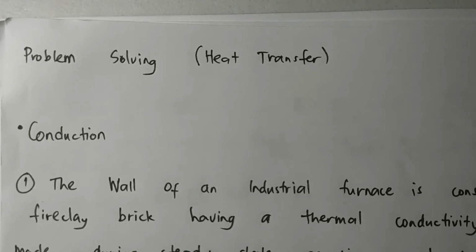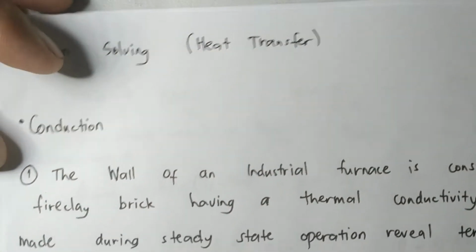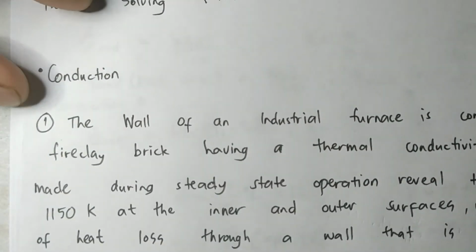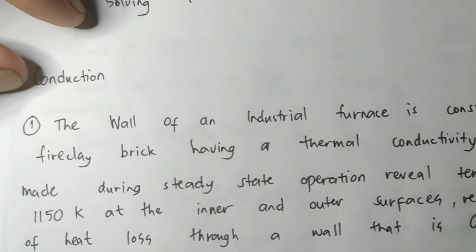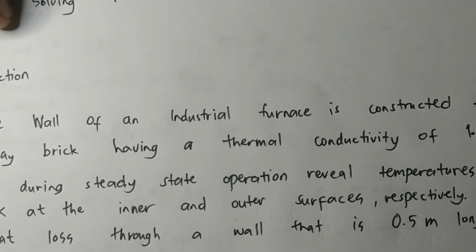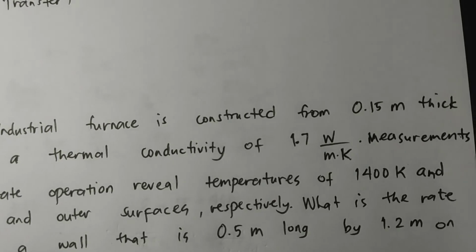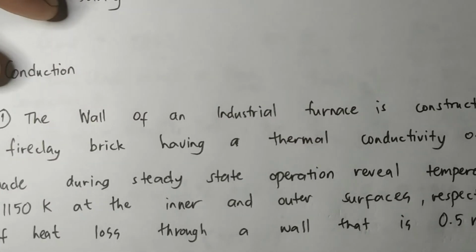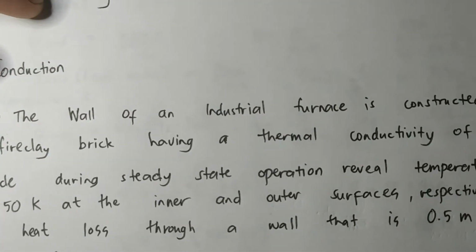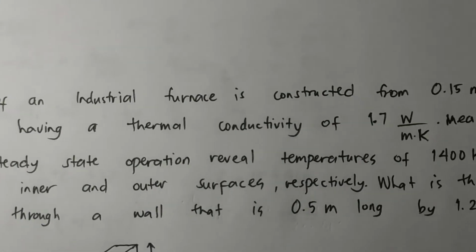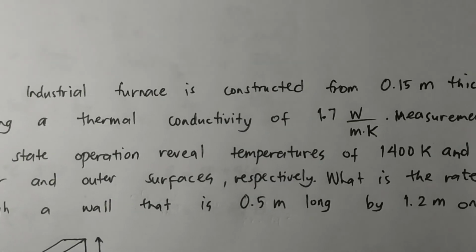Kaya dito na tayo sa problem solving regarding heat transfer. Unahin natin about conduction. Sabi dito, the wall of an industrial furnace is constructed from 0.15 meter thick fire clay brick having a thermal conductivity of 1.7 watts per meter Kelvin.